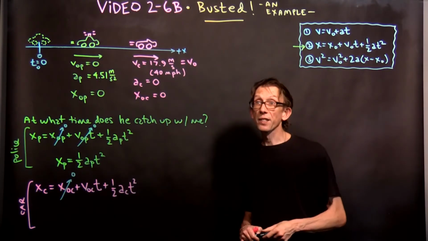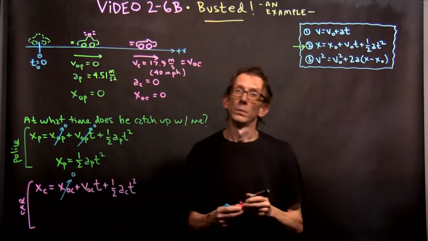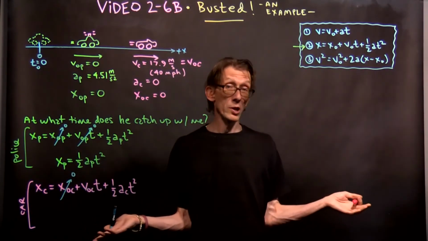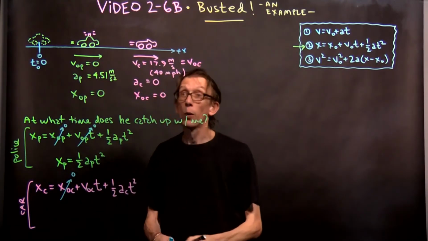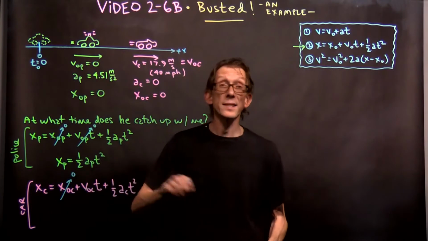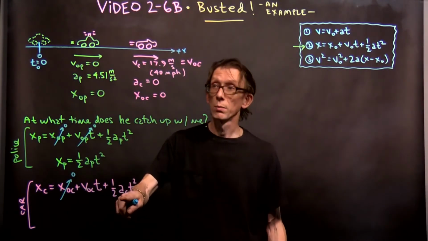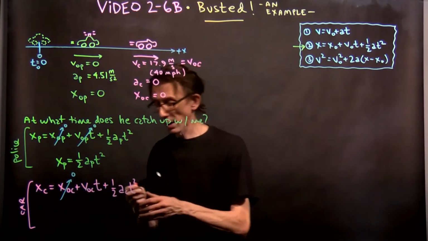What's the initial velocity of the car? Well, it's 40, right? I've been at 40 the whole time. I have zero acceleration, so my velocity remains constant. That's given to us, but it's not zero. But look, the last term, the acceleration term, is equal to zero because the car is not accelerating.